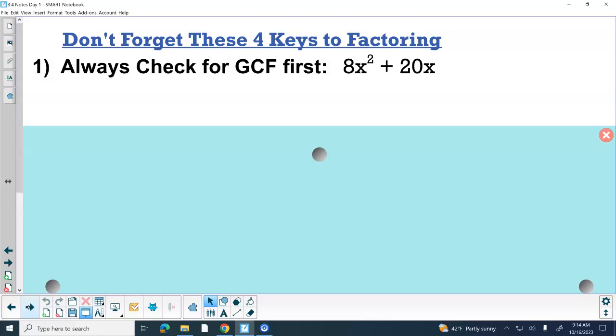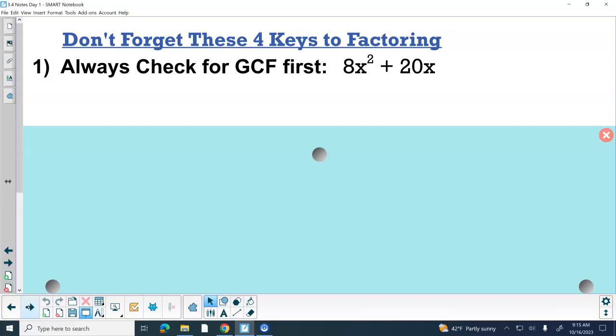Okay? So the first thing that you should do is you should always check for what we call the GCF. GCF stands for greatest common factor, something that goes into every single one of your terms. Okay?